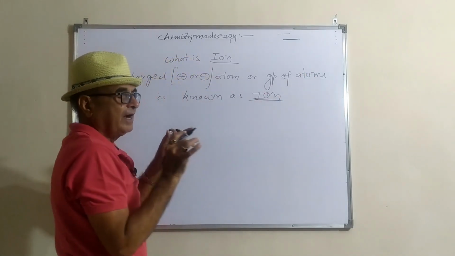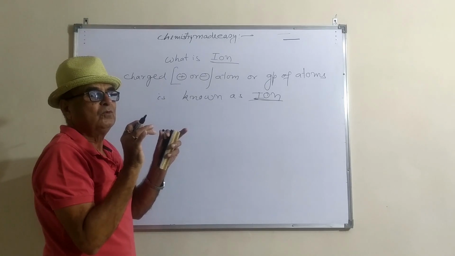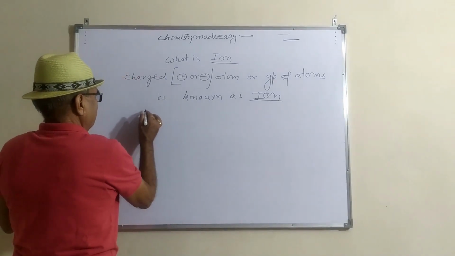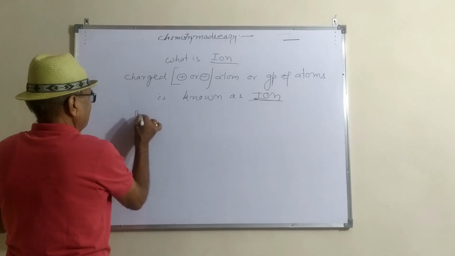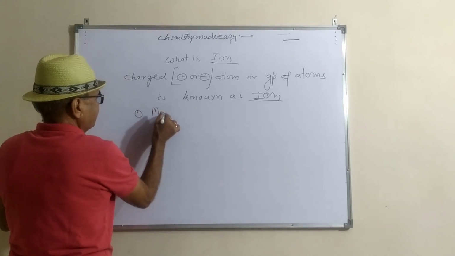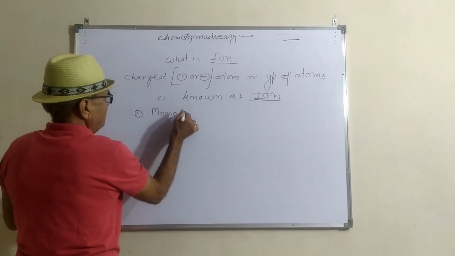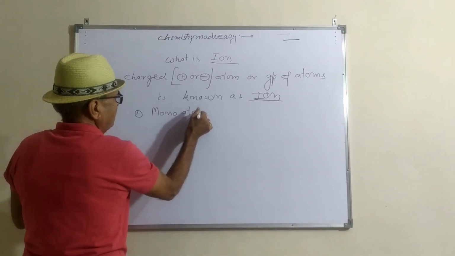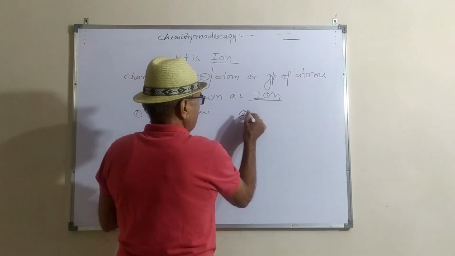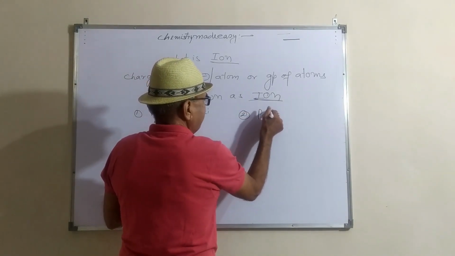So ions are of two types: monoatomic and polyatomic.